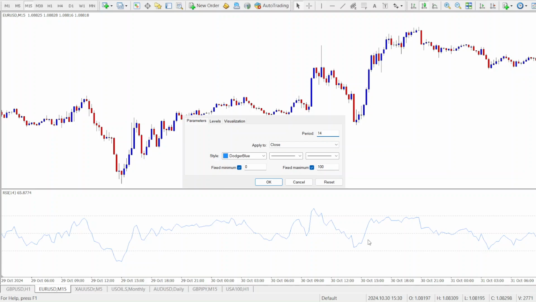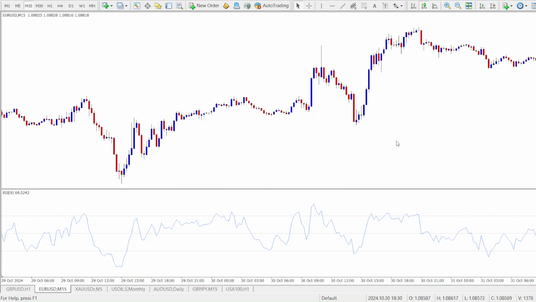So as a day trader, you might want to reduce this value to something like 9. I think 9 should do. Lowering the period creates a faster moving RSI line that reflects price changes more accurately and quickly. This gives you earlier signals on potential trend reversals.